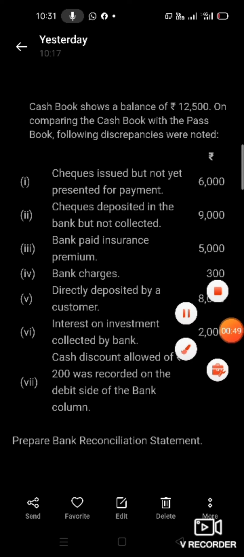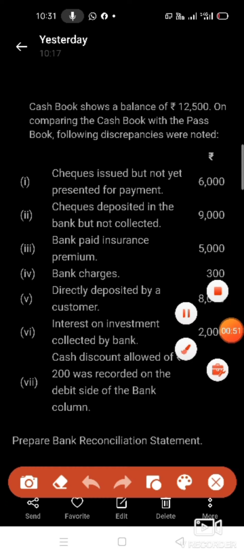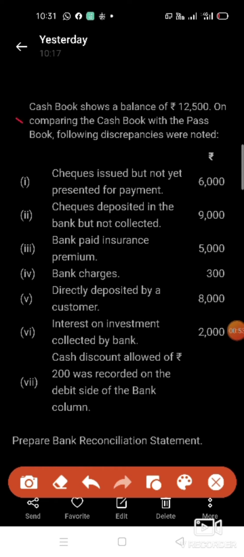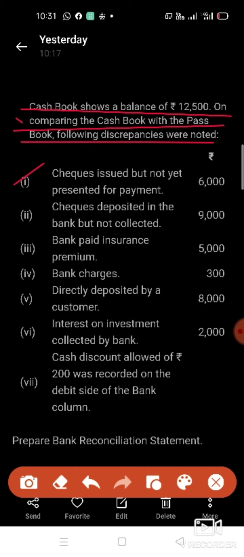See the question. Cash book shows a balance of rupees 12,500. On comparing the cash book with the passbook, the following differences were noted. Number 1. Check issued but not yet presented for payment 6,000. Number 2. Check deposited in the bank but not collected 9,000.